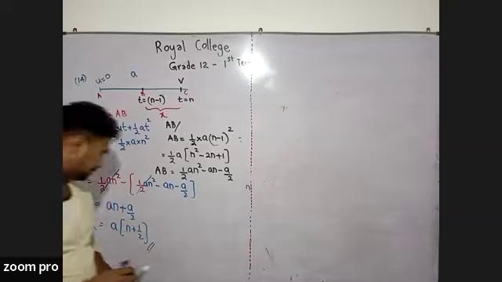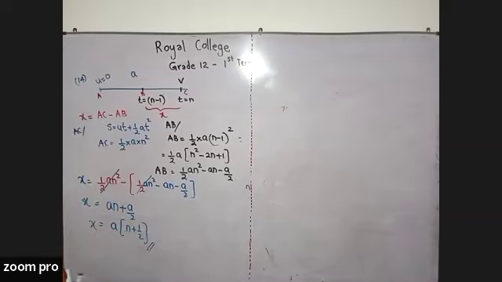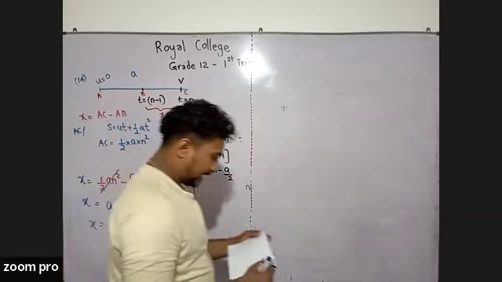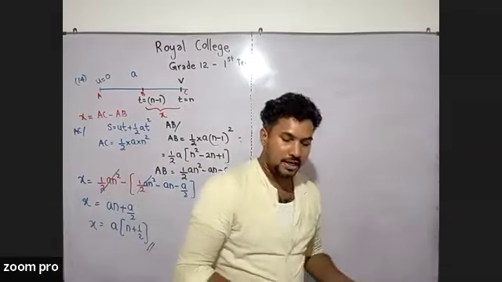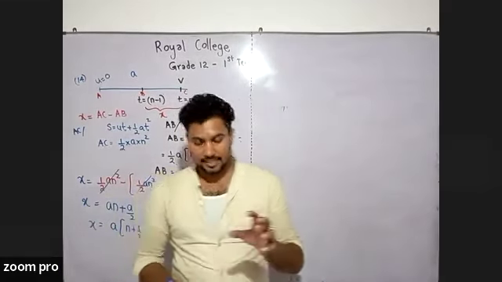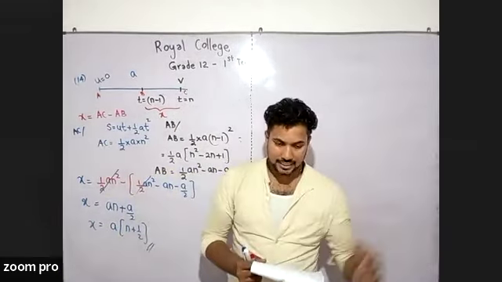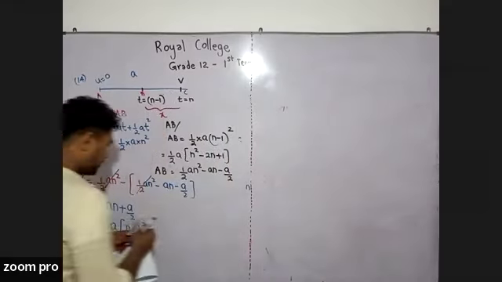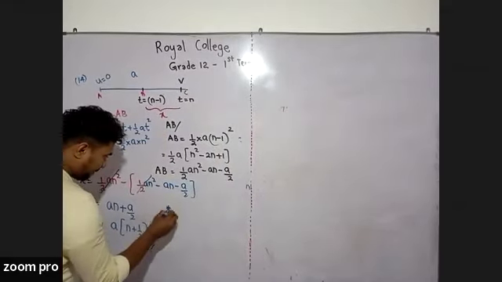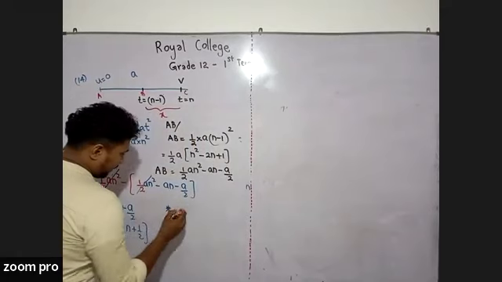Even though, guys, a is not mentioned in the question, right? So we have to obtain a value for the acceleration. The question has given that the velocity at the nth second is equal to v, right?